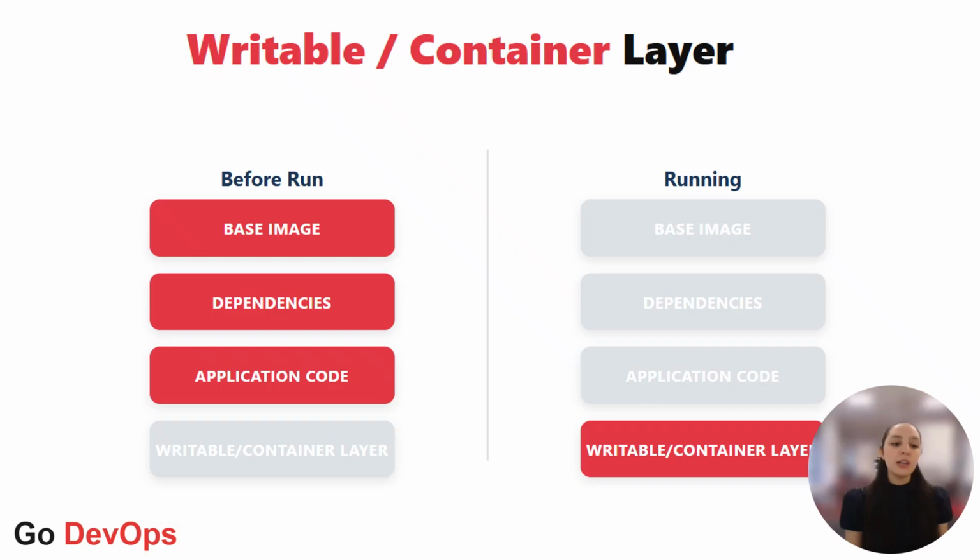So the writable layer is only temporary and isolated per container, and it vanishes when the container stops. It's actually perfect for stateless, repeatable workloads, but not really for storing important data. So containers are really designed to be disposable.